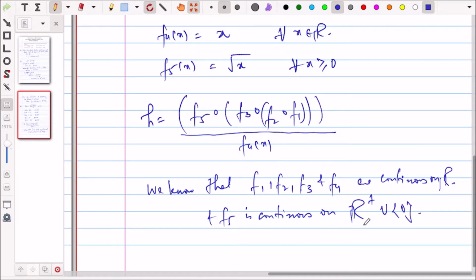so this f5, although it is continuous only on R plus union 0, because this function is continuous on R and its range set is the set of all positive real numbers, this function is continuous on the domain of this function, right?